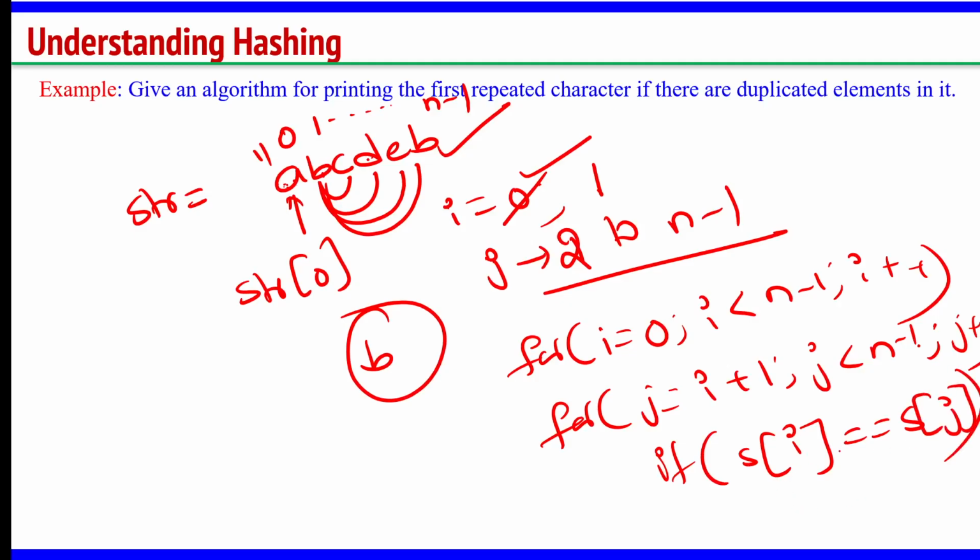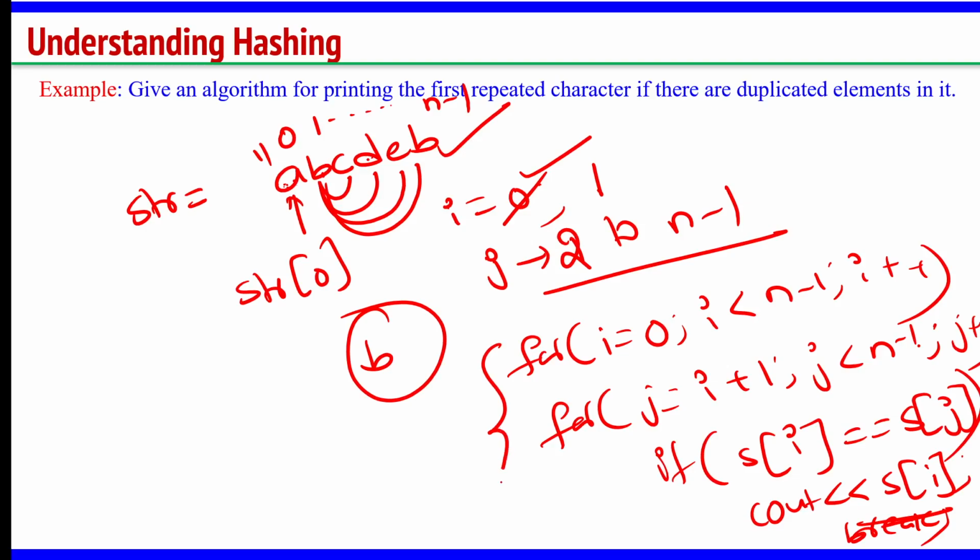Wherever it is matching, you print cout of s of i, that is the repeated character, and break. Depending on the problem, they may ask to print the repeated character or say whether there is a repeated character or not. So, this is one solution.